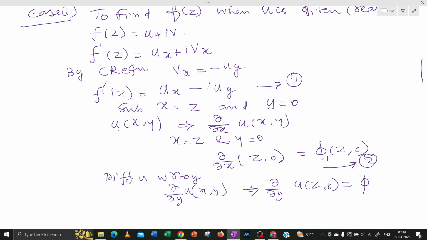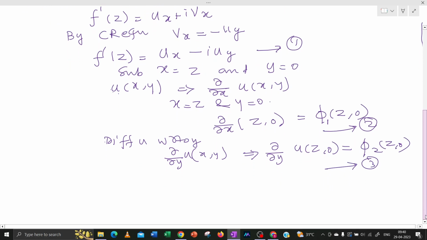We can take that as phi 2 of z comma 0. So for constructing the analytic function f of z, if u of x comma y is given, first you have to differentiate with respect to x, then you have to differentiate with respect to y, then you have to substitute x equal to z and y equal to 0 in that f dash of z.